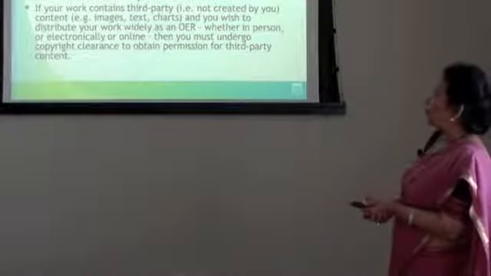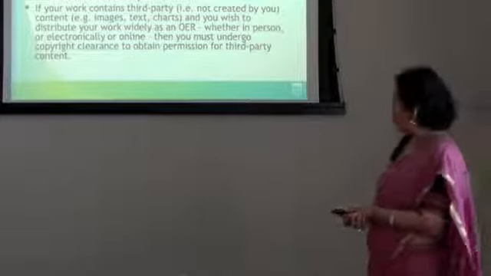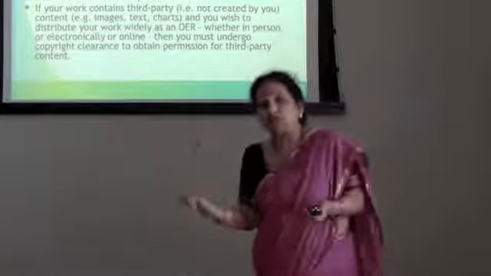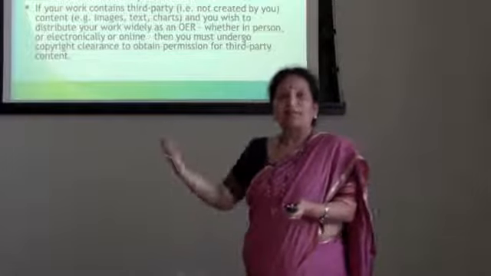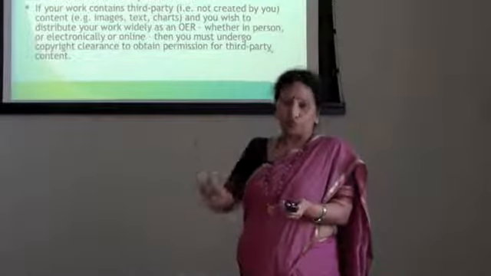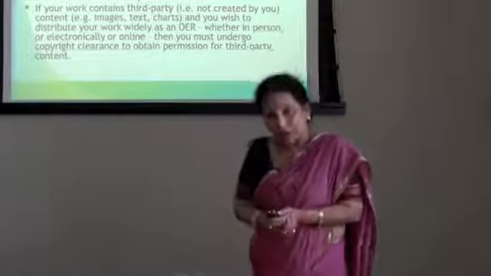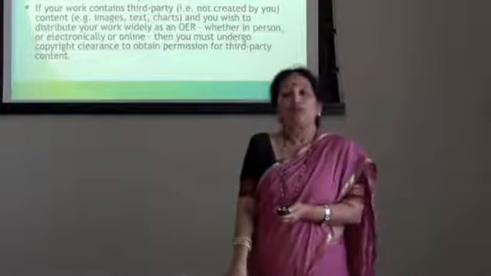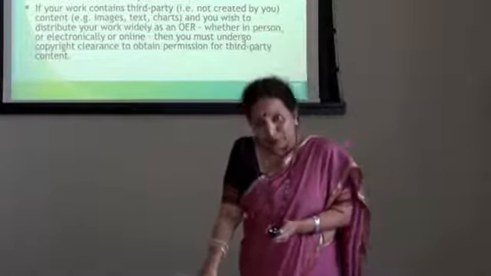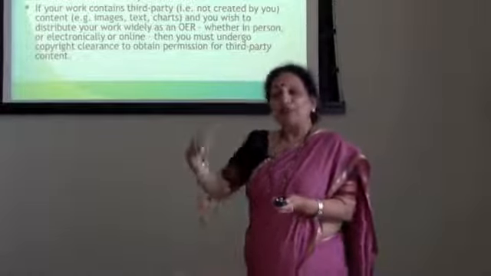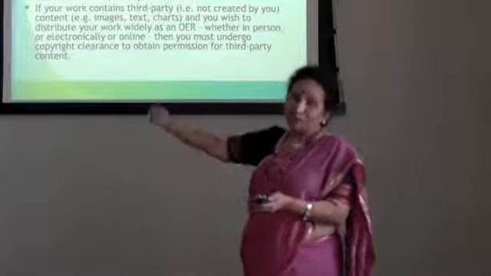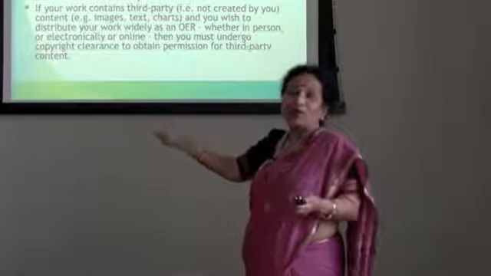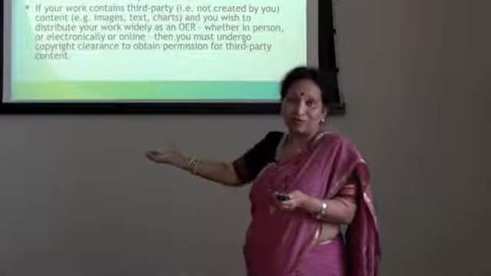For example, if your own work contains third-party copyright, such as references to tables or pictures or materials that are created by somebody else and you've used them in your material with proper reference, and now you want to release your material as an open education resource, the original creators of those tables or pictures or figures may or may not have intended them to be used as open education resources.